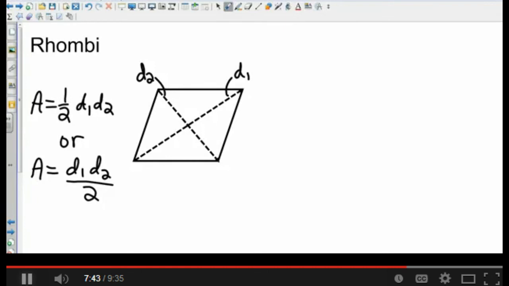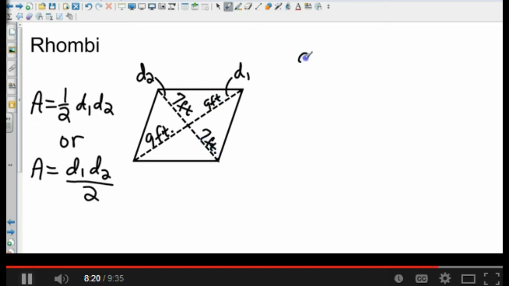Let's go back into our rhombus knowledge, and let's say that this is 7 feet, that little piece, and this is 9 feet. If we remember the properties of a rhombus, the diagonals are perpendicular, and they also bisect each other. So I know that this is 9 feet, and this is 7 feet.